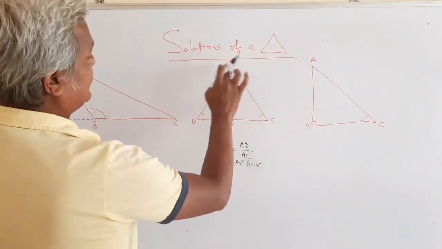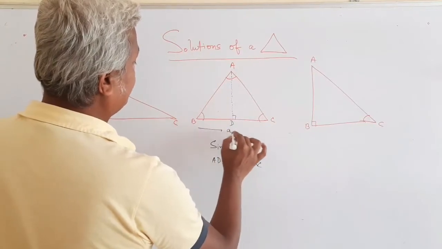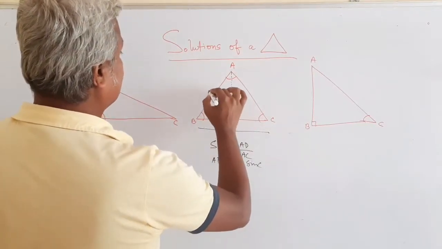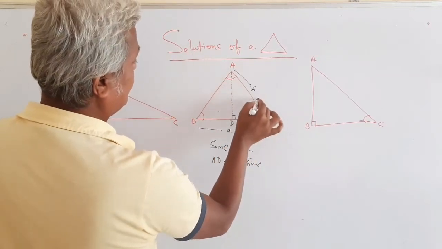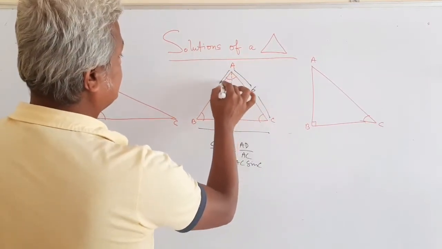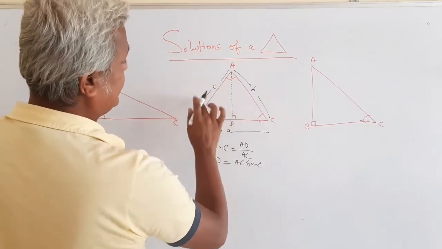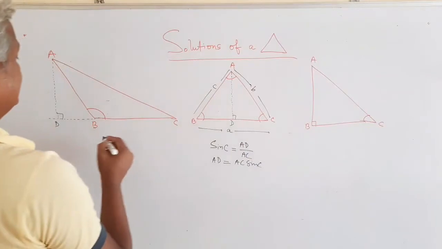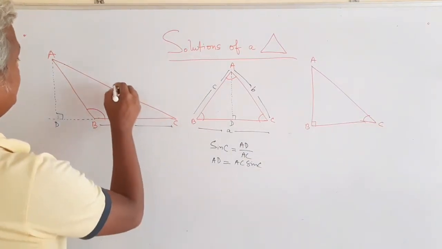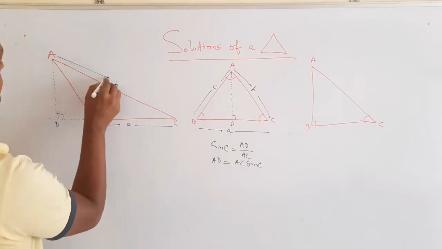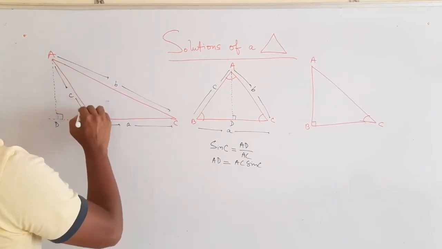Now we know there is a notation where we represent the sides of a triangle. This is the vertex A, and the side opposite the vertex is small a, this is small b, and this is small c, the side just opposite the vertex C. Same way, A is here, B is here, and C is here.